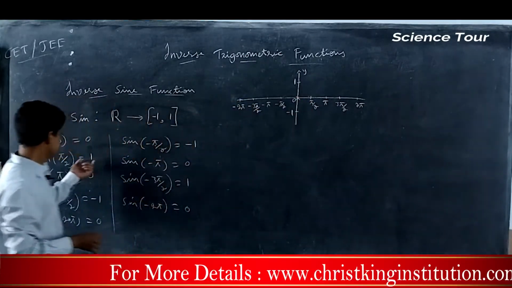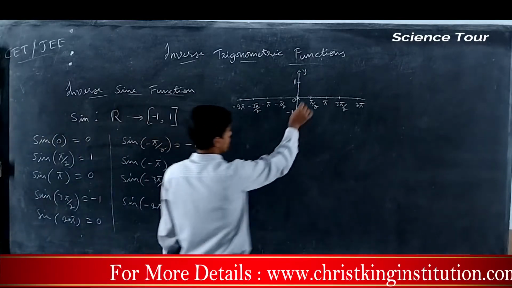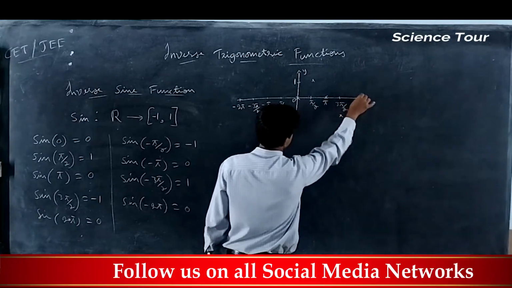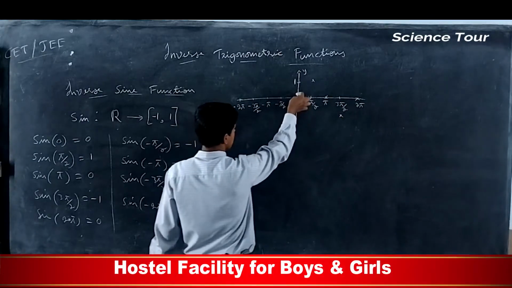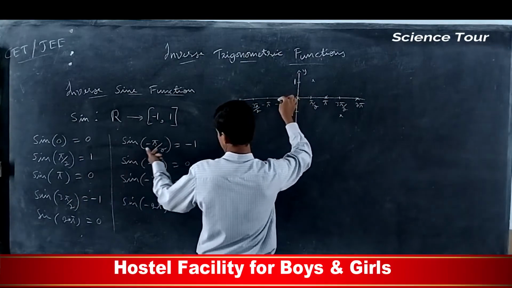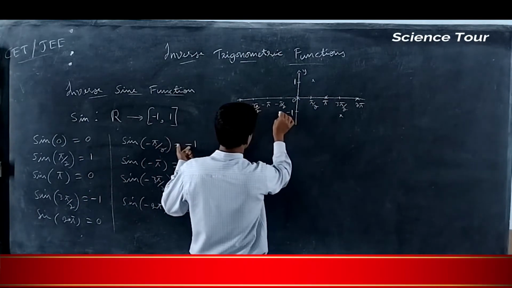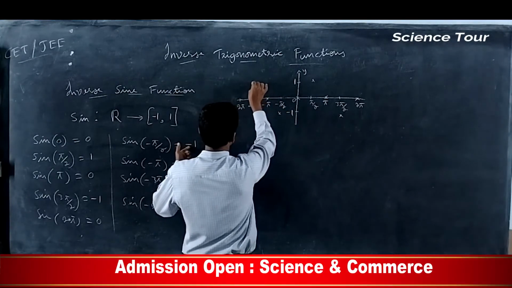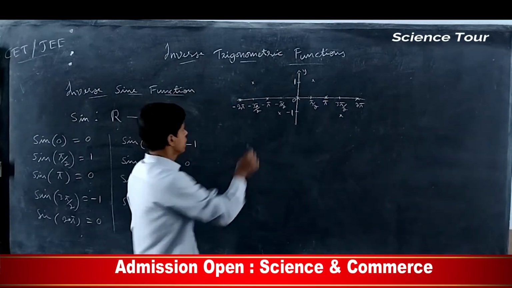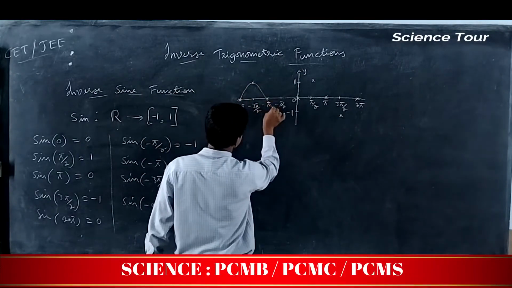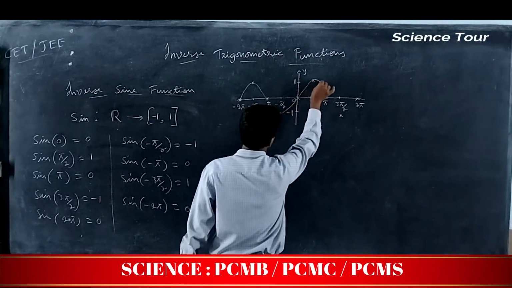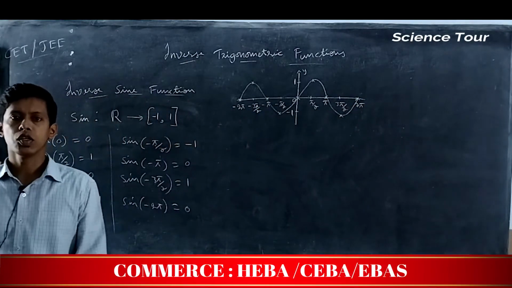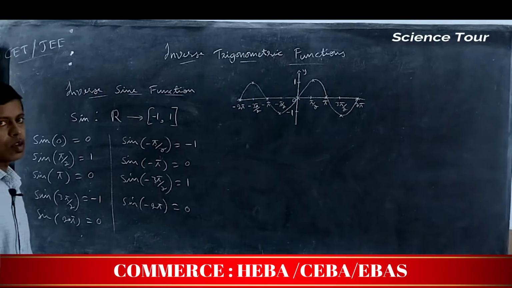Then sine 90 is 1, then 0, and then -1 here, and then 0. Similarly for the negative side you have -1, and then 0, and then +1, and then 0. Correct? Now the graph will be like this. This is the way you draw the graph of the sine function which you have learnt in first year.